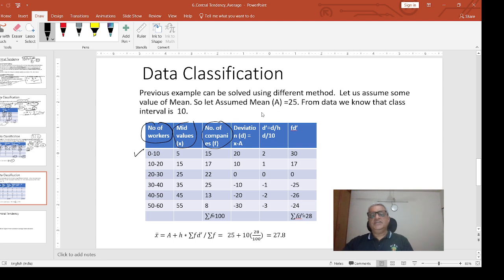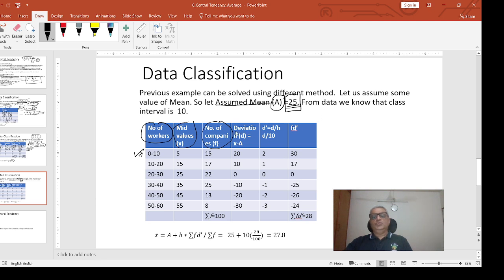But instead of that, I am assuming some mean as A. Looking at these values, because the number of employees is between 0 and 60, let's assume the mean to be 25, right? So 25 employees per company is my assumption.